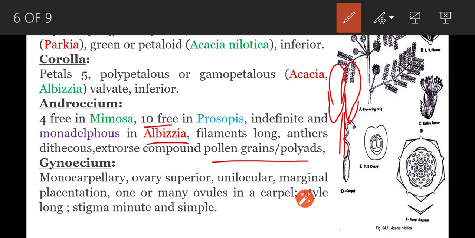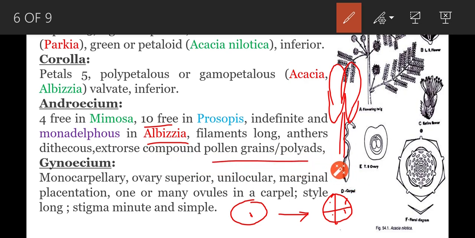Compound pollen grains means, generally, after meiotic division, this is the microspore mother cell. After meiotic division, it forms 4 microspores. When these 4 microspores are separated away from each other, then they are called pollen grains. But in Mimosaceae members, these pollen grains remain attached and are released as polyads.